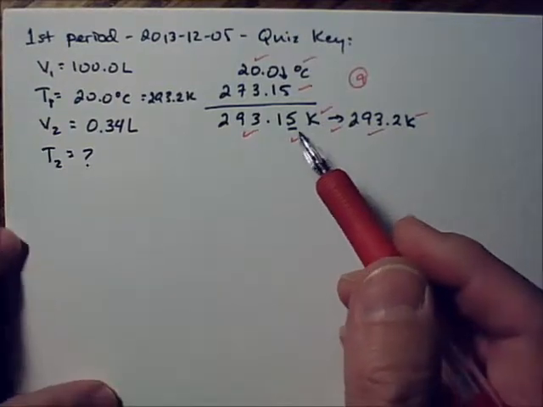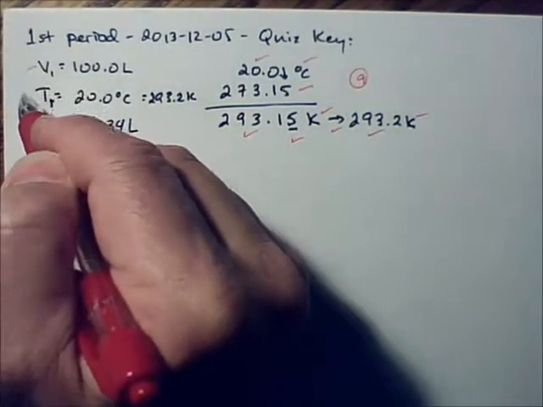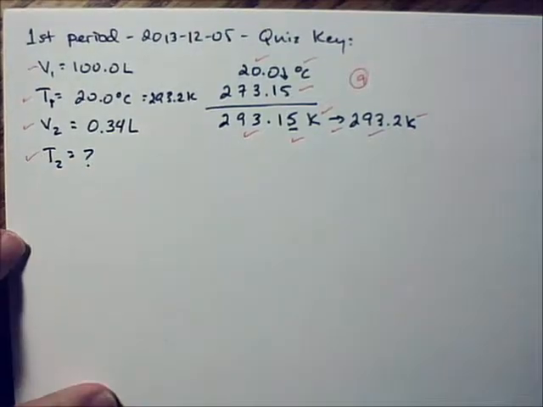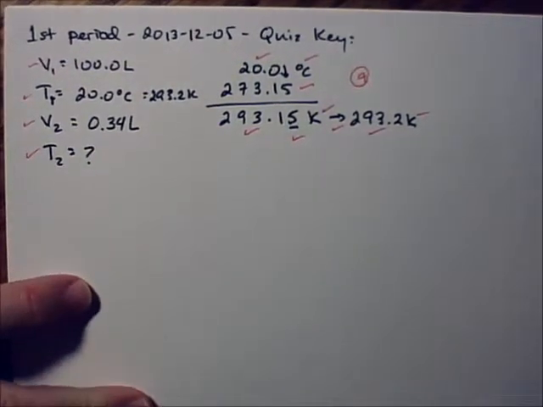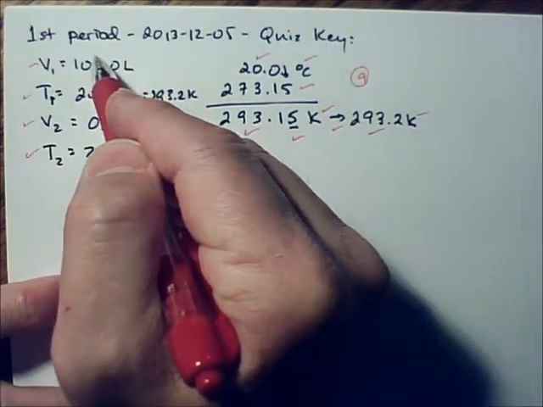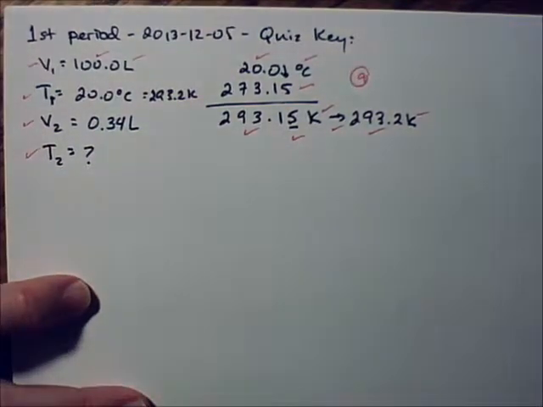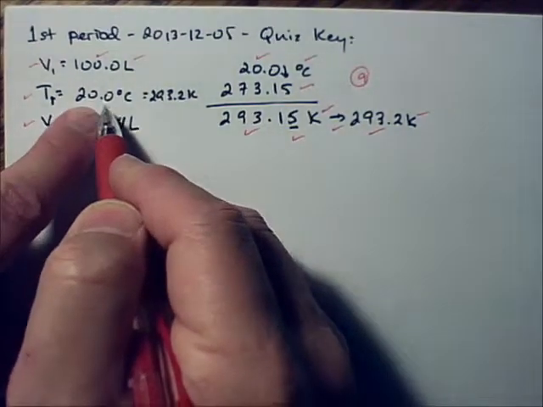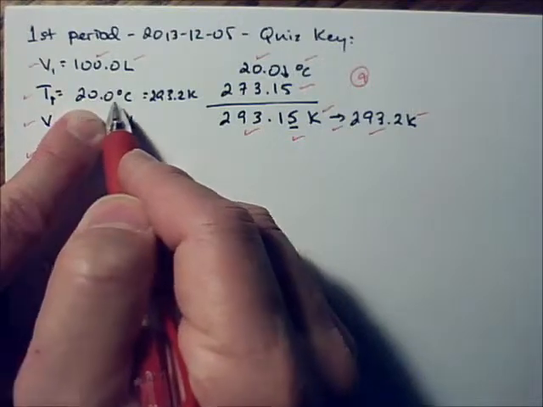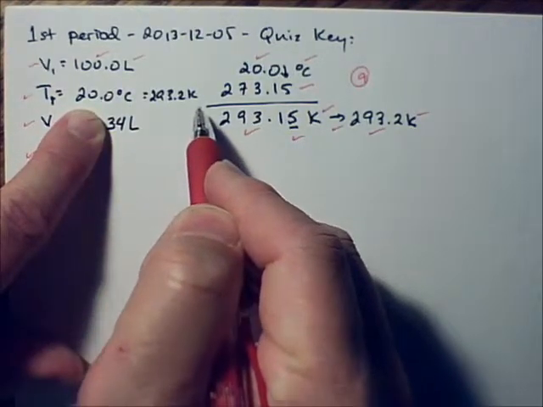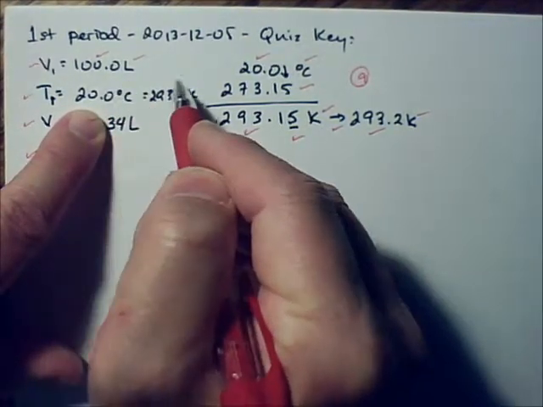Now, listing all your variables is key. The number and units of measurement are important. Here, on the temperature, since you can either put down 20 degrees C or 293.2 K, there's 2 points for this.